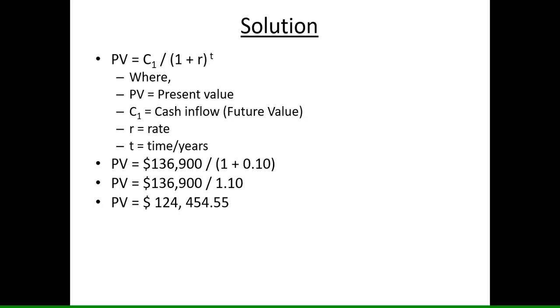Right. What is the cost now? You remember the cost is how much? $127,000. If you pay $127,000 to invest in the property, after 1 year how much will you get? $136,900. So this 136,900 present value will be how much? 124,454.55, which we arrived at.